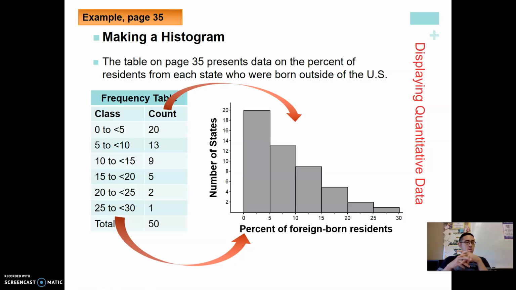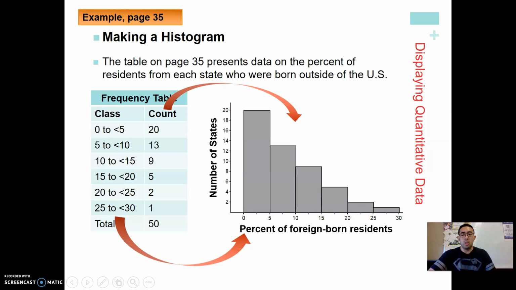Now you might be like, Mr. Shu, how is this different from a bar graph? And the answer is, a bar graph displays the counts of a categorical variable. You see, this is quantitative. These ranges have a quantity, okay? And when the ranges have a quantity, then it is called a histogram.